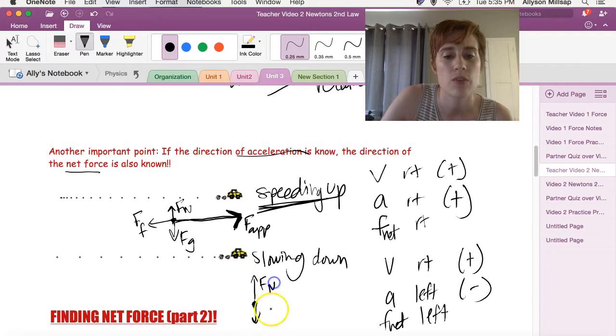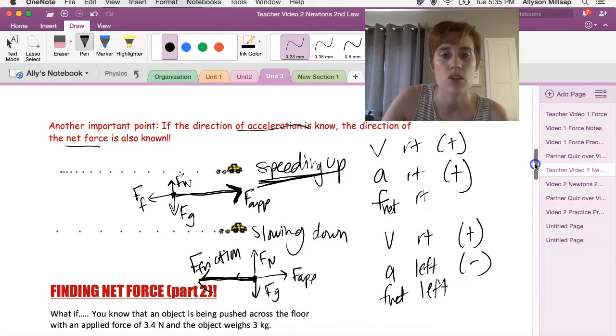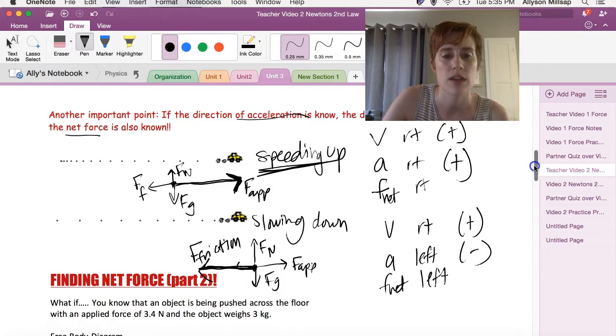Here's your net force, your normal force, your gravitational force. Here's the engine. It's going forward, the applied force. Your friction force has to be a lot greater now because it's accelerating backward, it's slowing down. So that is just a reminder from our lesson on Tuesday.